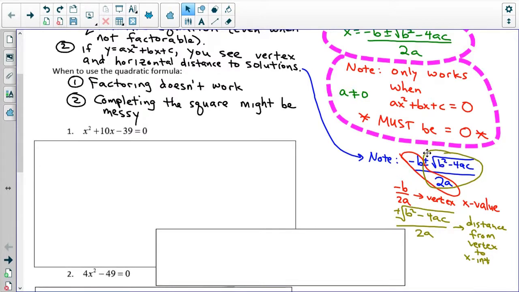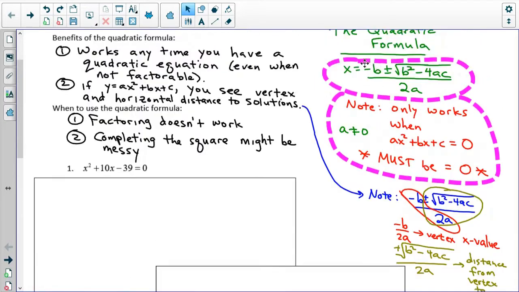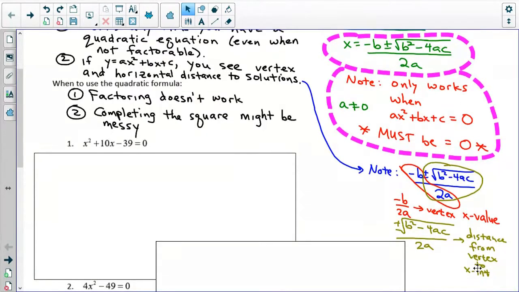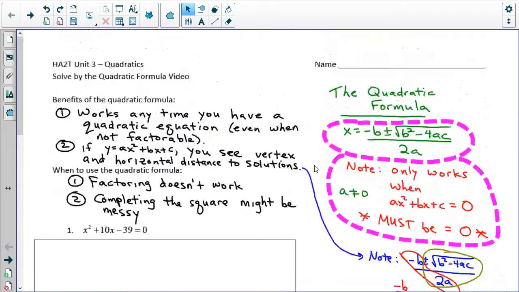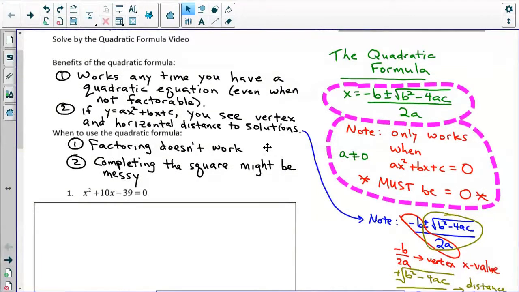And then this other part, the square root of b squared minus 4ac all over 2a, gives us the distance from the vertex to the x-intercept. Since negative b over 2a gives us the vertex x value, the rest of this gives us the distance from the vertex to the x-intercept. I'll show you that in some examples in a little bit.